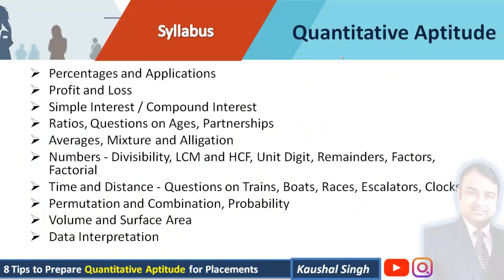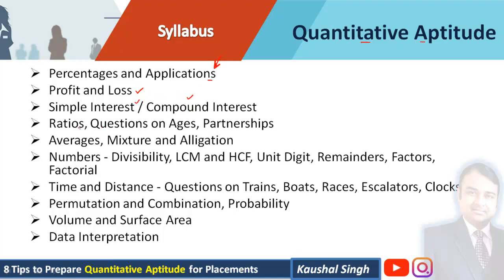What is the syllabus of the quantitative aptitude section? This is basically an application of your basic mathematics skills. And if you talk about the topics of quantitative aptitude, then it is percentage and its application, profit and loss, simple interest, compound interest.